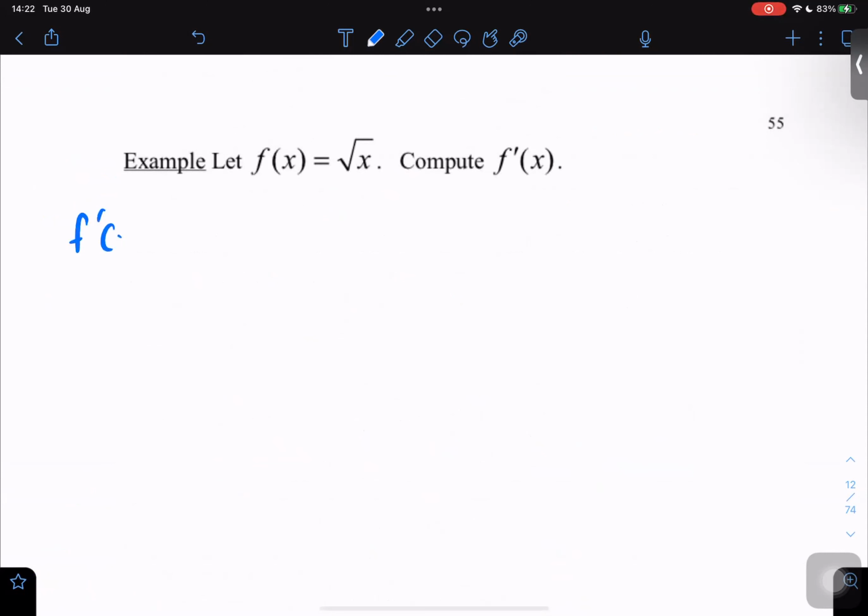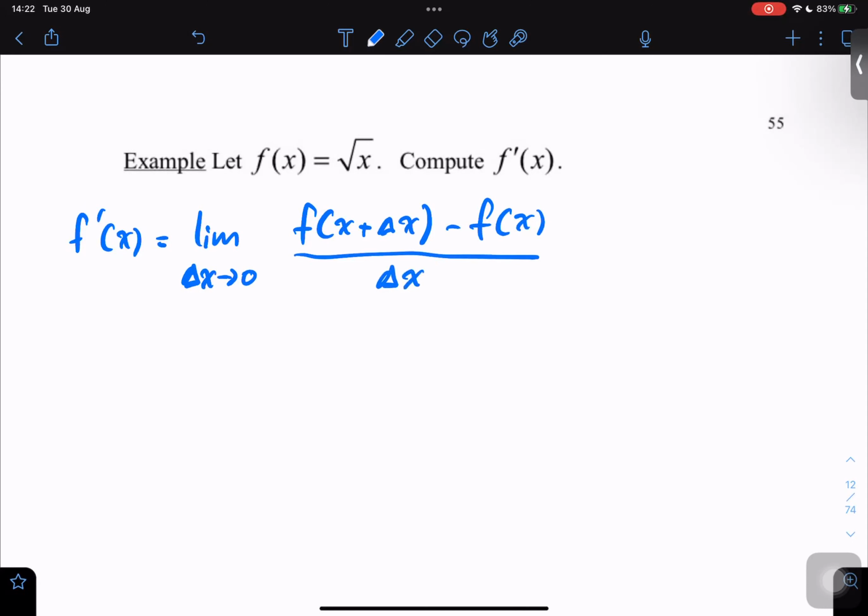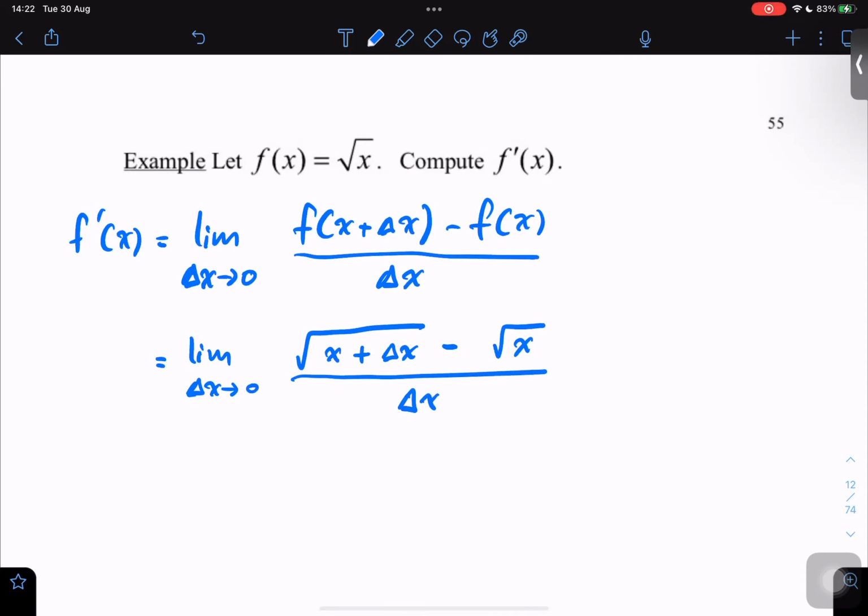So f prime of x is equal to the limit of delta x to 0 of f of x plus delta x minus f of x over delta x. And this is the square root of x plus delta x minus the square root of x over delta x.